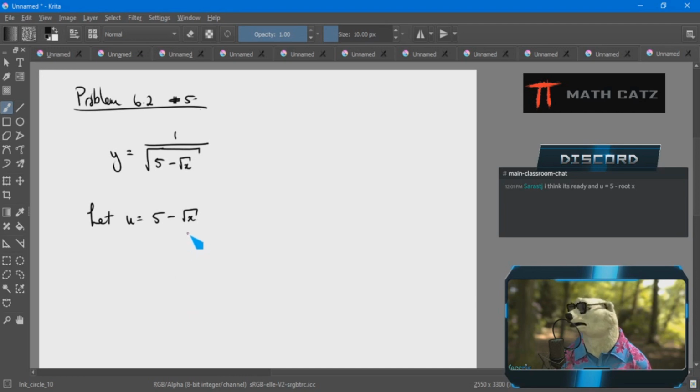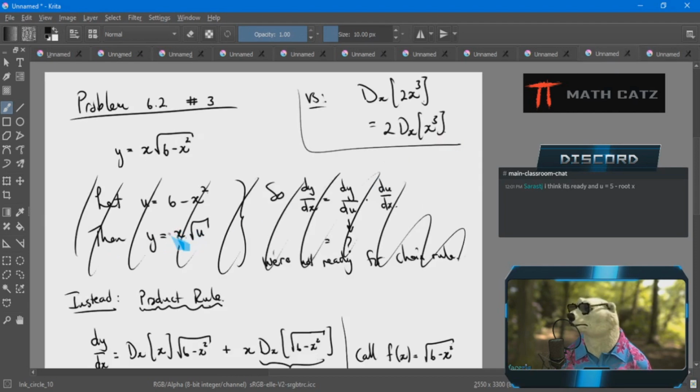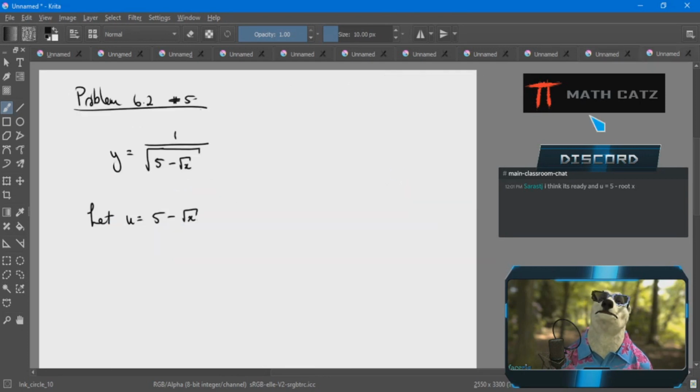But I want to just emphasize that even if you're not 100% sure, trying it might show you better that it wasn't ready. You might not see it right away, but in trying the chain rule, something weird is going to happen. This mix of x's and u's telling you, oh, no, not ready. That's okay. And if that doesn't happen, well, then great. As long as my outside function is simple enough, right?